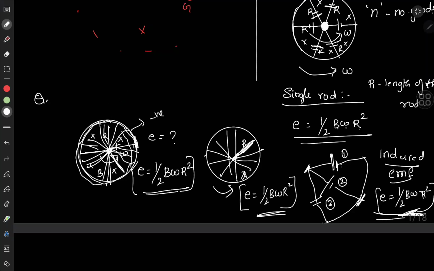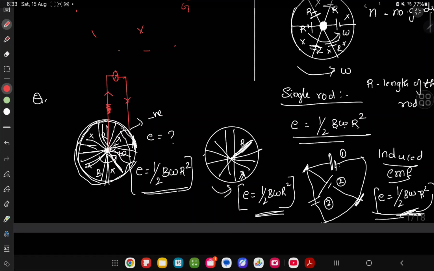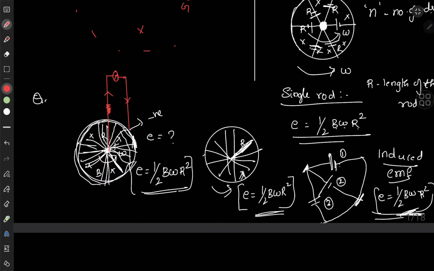For example, if you connect from the center of the disk to the edge of the disk, you can easily say there is going to be a deflection, because the deflection shows that current will be flowing if a resistor is included here. So this is the direction of the current flowing in the disk.